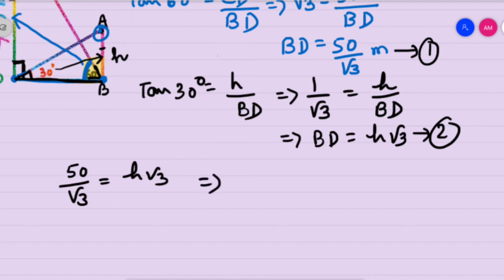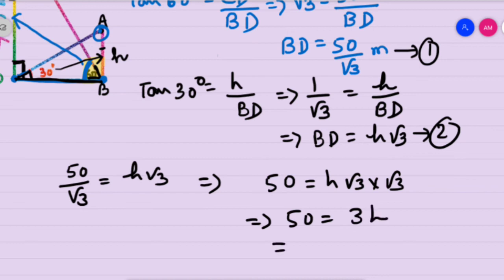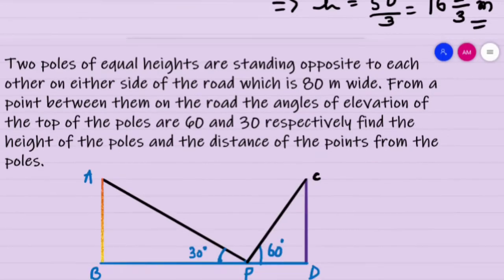This implies 50 is equal to H root 3 into root 3, that means 50 is equal to 3H. So your H will be equal to 50 by 3. How much is 50 by 3? 3 ones are 3, 20 left, 3 sixes are 18, 16 and 2 by 3. Let's see the next question.